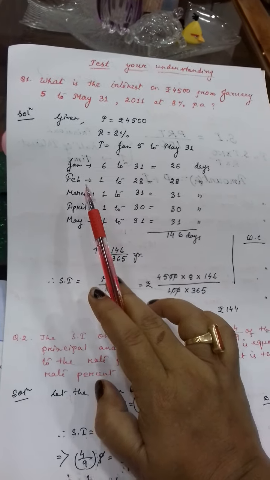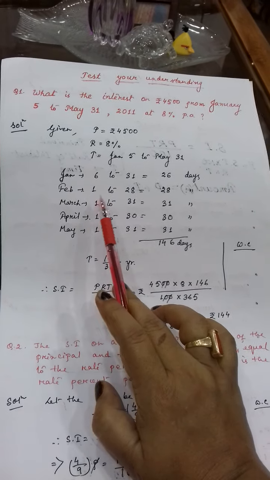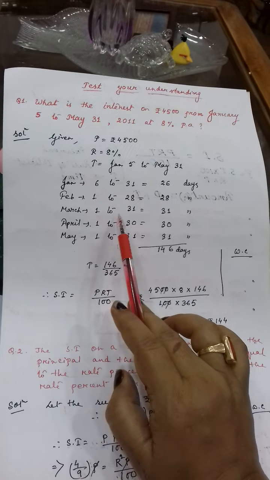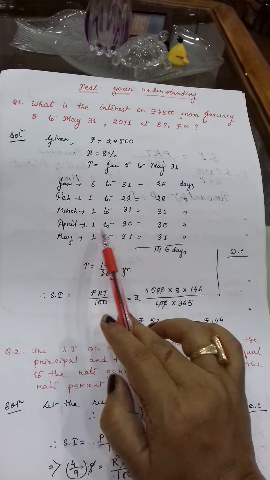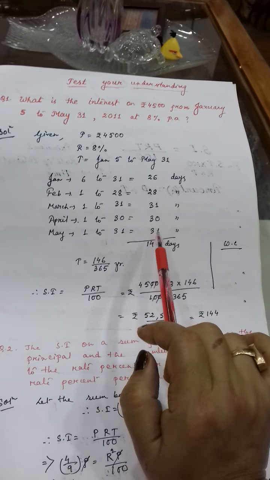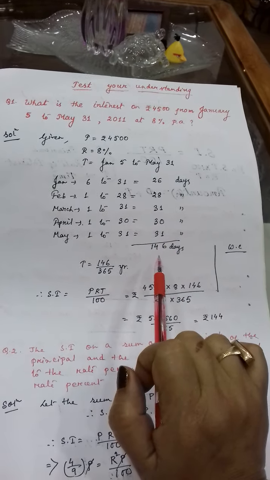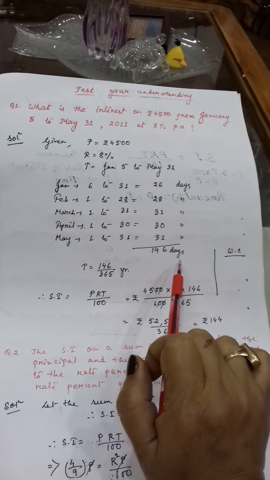26 days. Then February 2011, it is not a leap year, so it will be 28 days. Then March 31 days, April 30 days, and till May 31st, that means 31 days. So total when you count, it comes to 146 days.